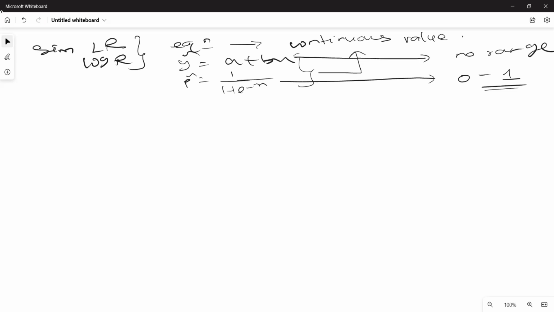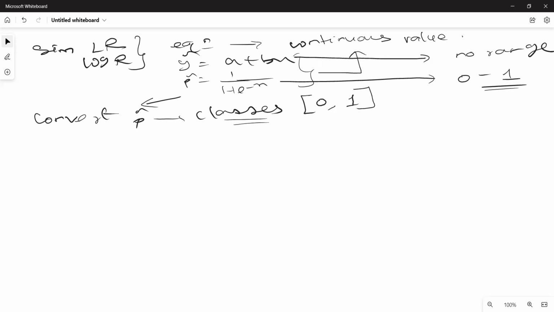Now, if the p value has a range from 0 to 1, how do I convert the p value into classes? Because my output for a logistic regression can either be 0 or 1. It has to be an integer, which is 0 or 1.